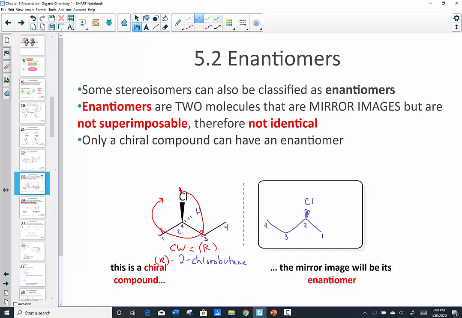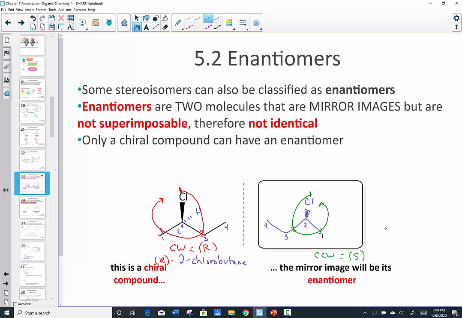Now let's compare that to what's happened in the mirror image. Remember again, the chlorine is the top priority by atomic number. The next priority is the carbon attached to another carbon, and then here the carbon attached to just 3 hydrogens. This time when we spin, we get a counterclockwise configuration, and we're learning that this would be the S designation.